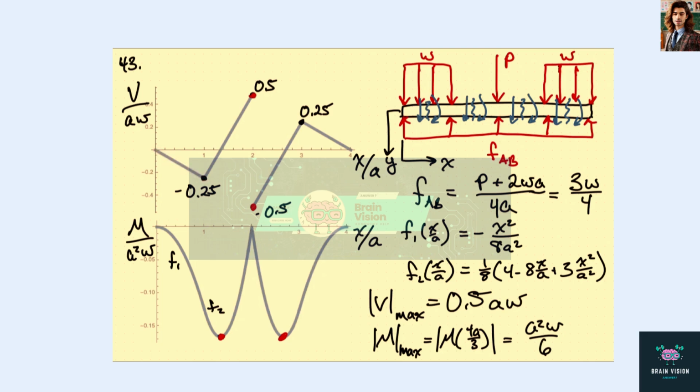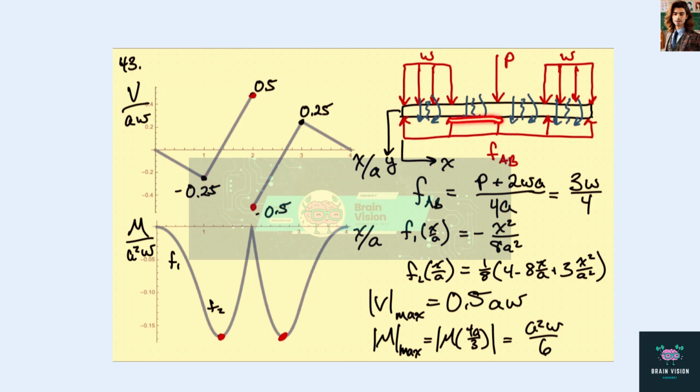We get down to minus 0.25. What I've plotted here is the shear force divided by A times W. So as A increases or W increases, this value would actually increase. So here the shear force V would be minus 1/4 A times W.